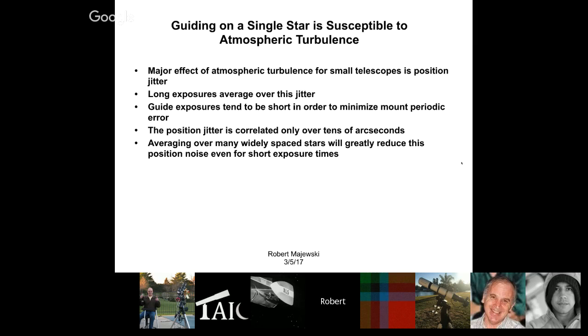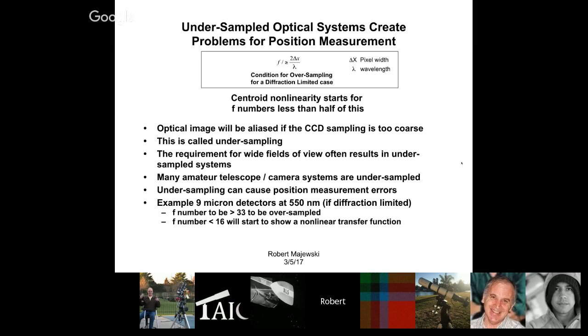Okay. All right, now let me talk a little bit about undersampled systems. Undersampling is where the optical system is producing this image structure on the focal plane, and the detectors are sampling that. If that sampling is too coarse, that's called undersampling, and what happens is you get aliasing that gives you false information about the image.